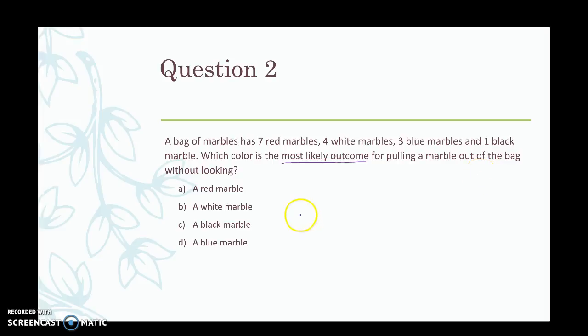No matter which one we pull out, there will be a total of 7 plus 4 is 11, plus 3 is 14, plus 1 is 15. So whatever it is, it is going to be out of 15. The most likely is the color that is in there the most. So red is our most likely outcome.